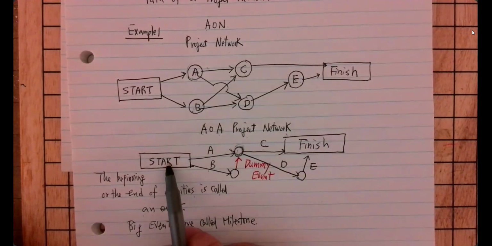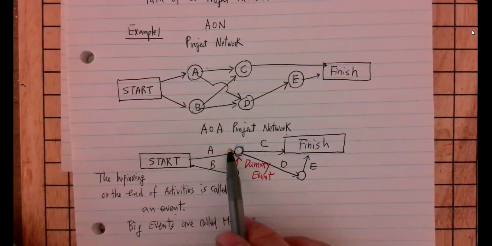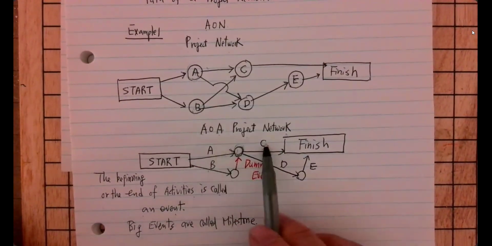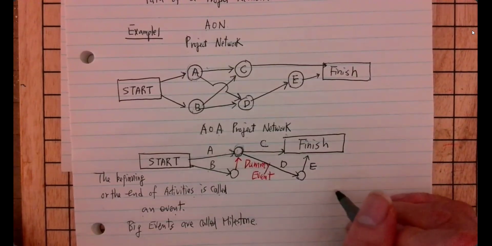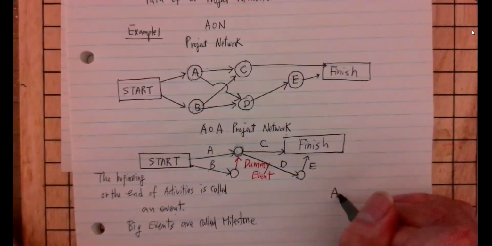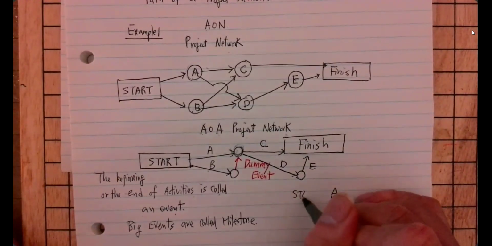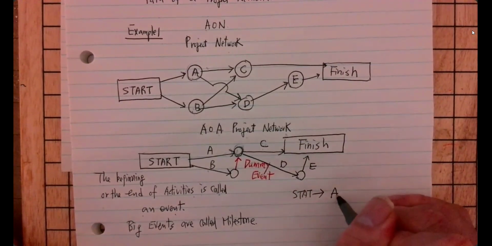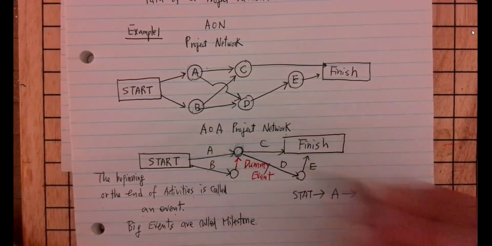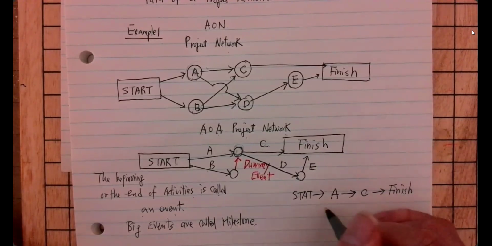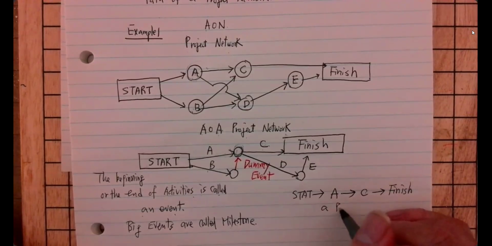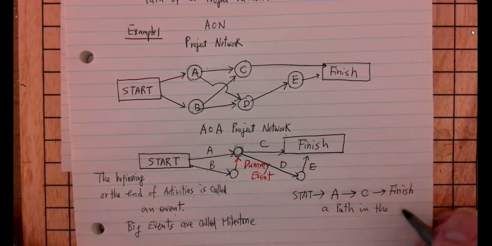A path from start, go to A, and then go to C, and go to finish. This is called a path in the project network.